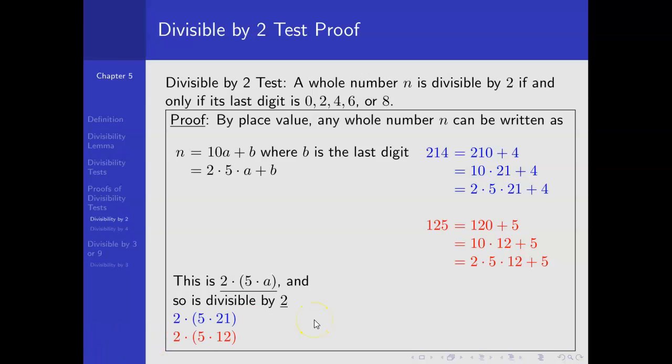All right, now from our examples, we have 2 times 5 times 21 and 2 times 5 times 12. And then we get our test number b. That is our second part over there. So there is our second part, our second arrow. I hope the first one worked. And that gives us our test number b, which from our examples are 4 and 5.